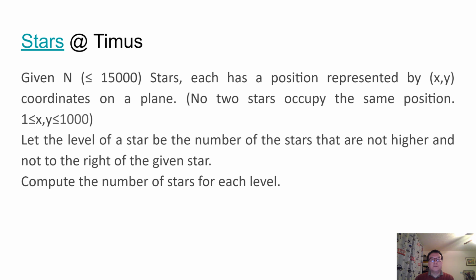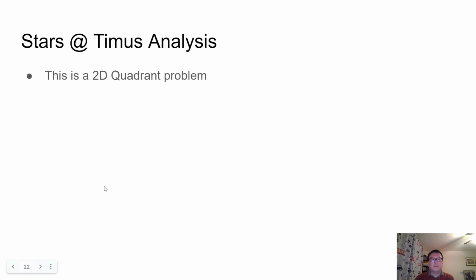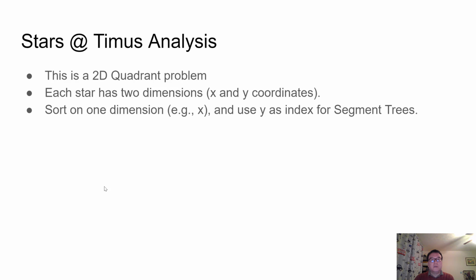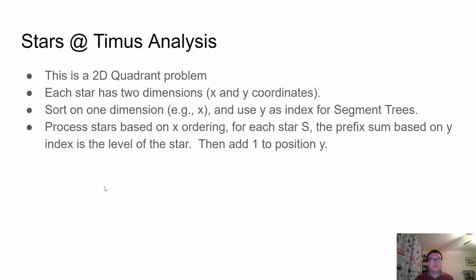So essentially, this is the third quadrant. Given the point, we want to know how many other points are in the third quadrant. So that's pretty much it. Using the analysis we have earlier, there are two dimensions. We use one dimension as the index in the segment tree, and then we sort on the other dimension and add points into it.